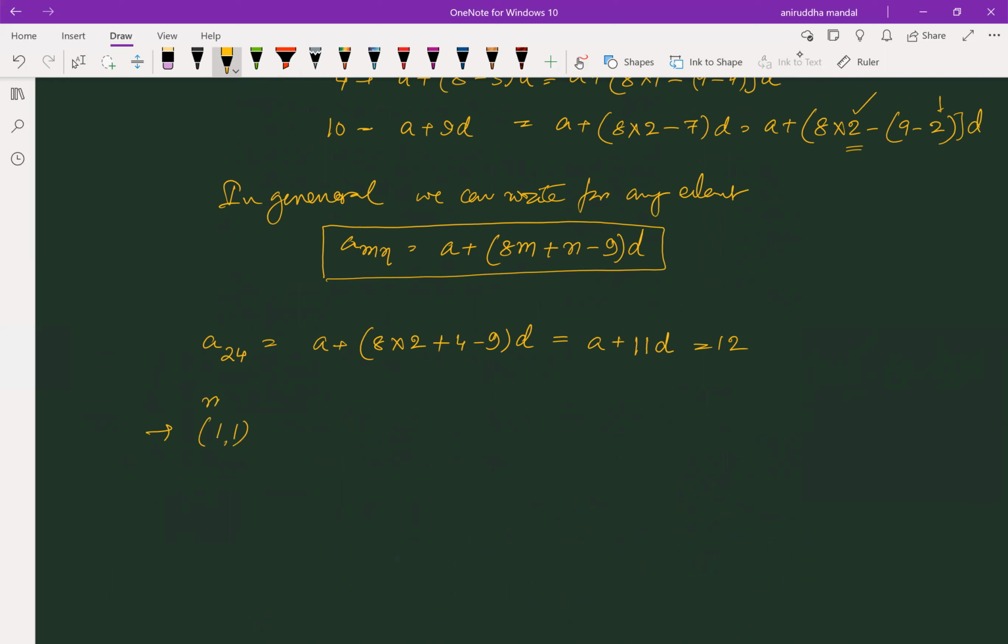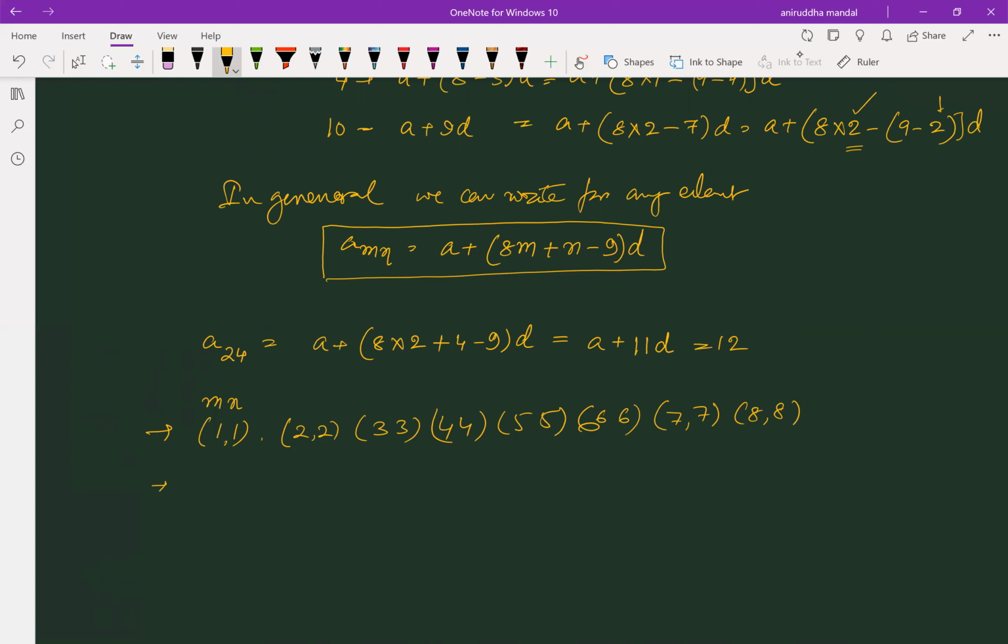This is M and N. Okay, M and N, the address of this element. So first row, first column, then second is 2 2, then 3 3, then 4 4, then 5 5, then 6 6, then 7 7, then 8 8. Okay, each number from each row and each column.